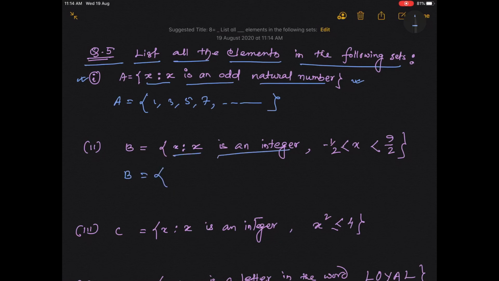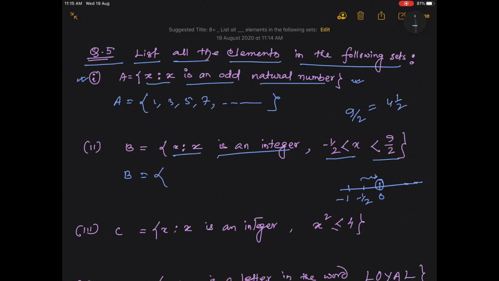Then set B, x such that x is an integer such that x is greater than minus half and less than 9/2. 9/2 is equal to 4.5. Now you see, this is 0 and this is -1, so here is the minus half. After minus half, 0 is the first integer.